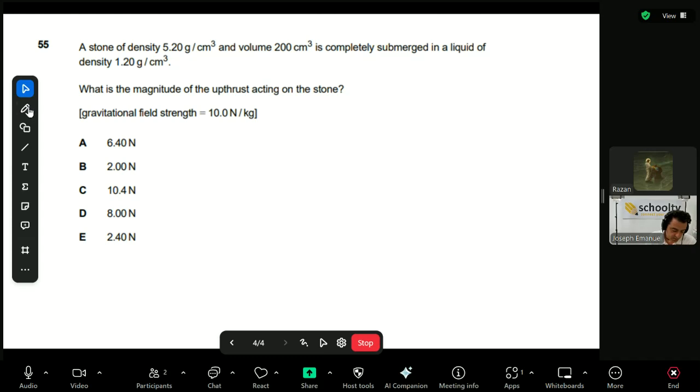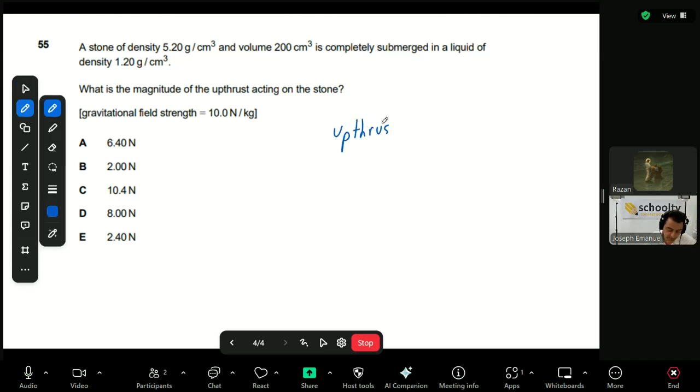Okay. So the upthrust equals the density of the liquid multiplied by the volume multiplied by g.